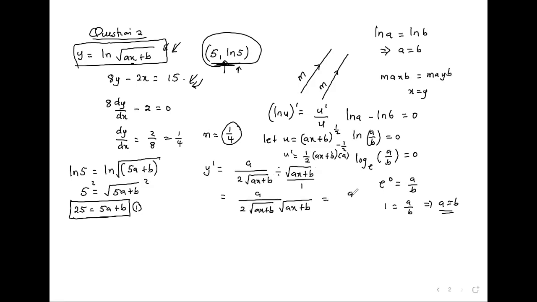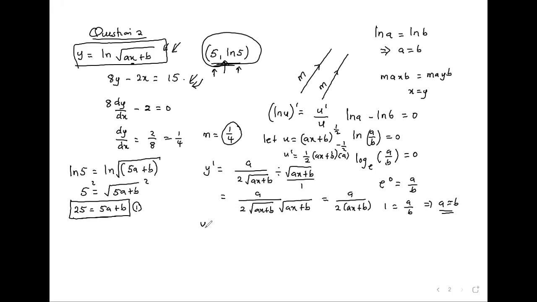This is the same as a over 2(ax plus b). So we already know what this is. It is the same as 1 over 4.